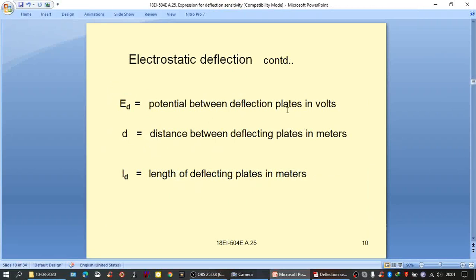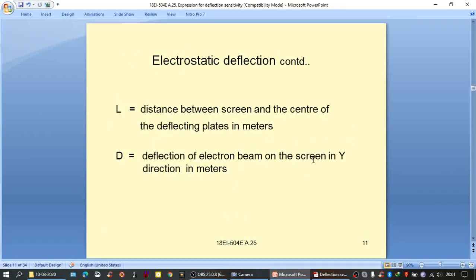So Ed is the potential difference between the plates, d is the distance between the deflecting plates in meters, LD is the length of the deflecting plates in meters. We can go for either meters or centimeters, that is our choice anyhow. And of course L is the distance between the screen and the center of the deflecting plates in meters.